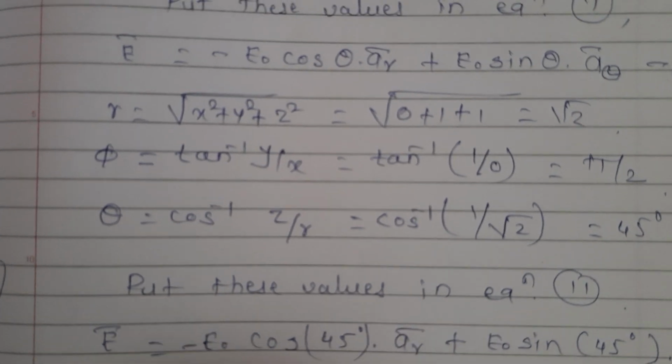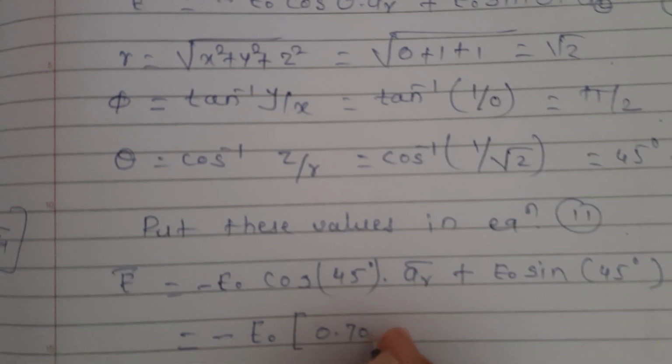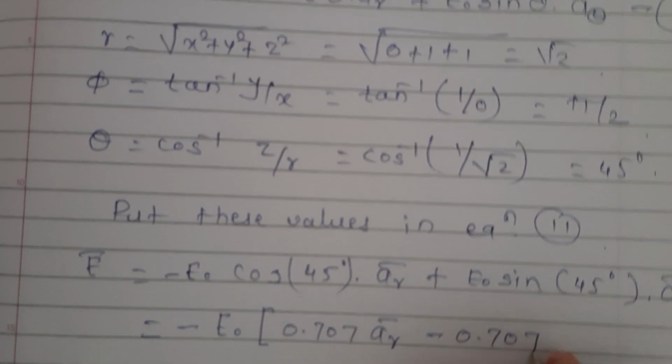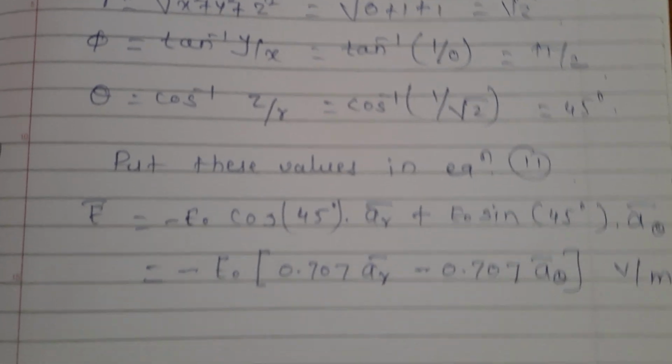So E0 is common, taken outside: cos is 0.707 ar bar minus 0.707 a theta bar volt per meter.